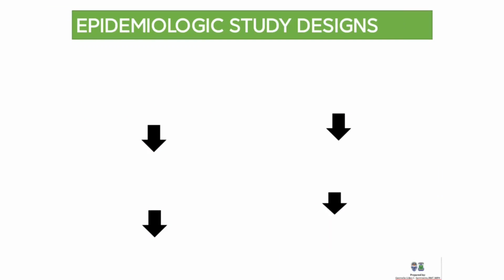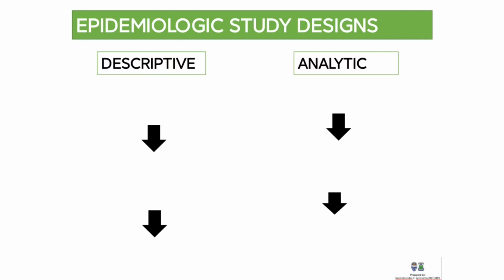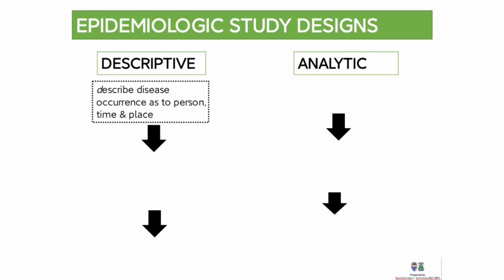Now, a quick review of our epidemiologic study designs. Again, meron tayong descriptive and analytic. No? Paulit-ulit tayo. So, pag descriptive, you describe the disease occurrence as to person, time, and place. Pag naman analytic, we examine association between variables.